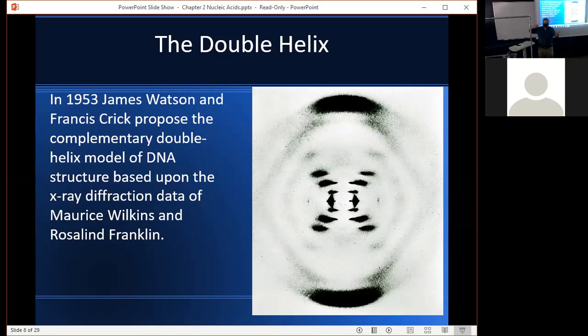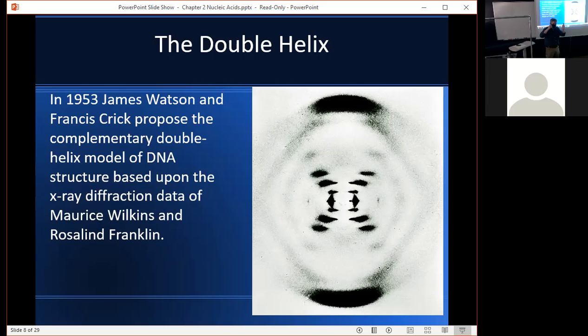Then you shoot a beam of X-rays at that crystal, and you have a piece of photographic film behind it. When the X-rays hit the crystal, depending on the structure of the crystal, it's going to diffract the X-rays in a certain pattern, and that pattern will be recorded on the film.